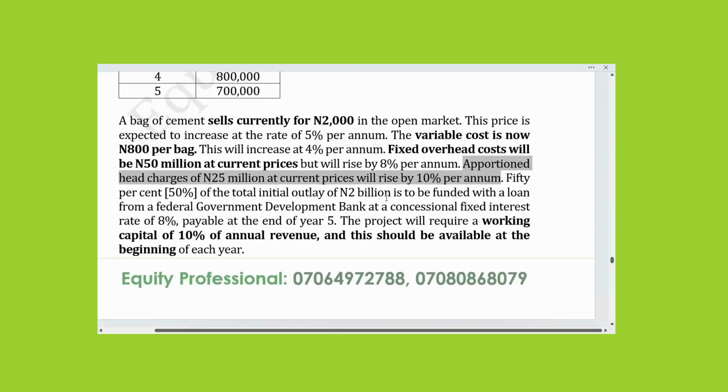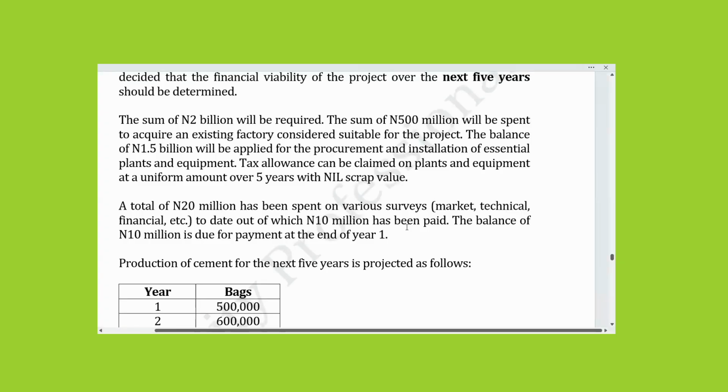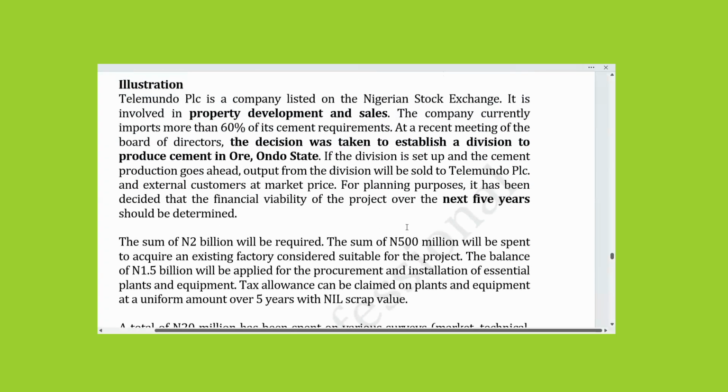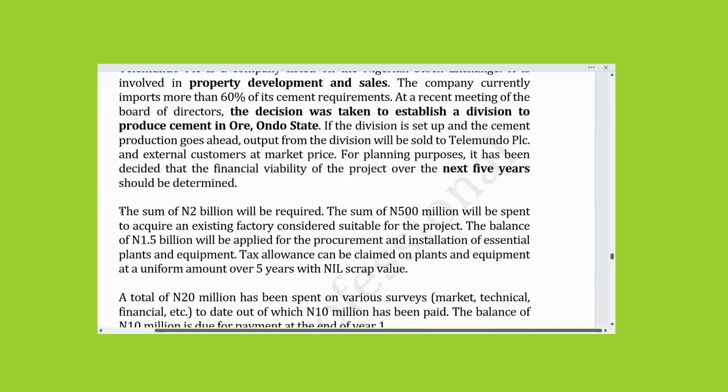All right. You're also told that, what other information do I have here? We are given working capital. We are coming to that. We also have other cash flows in the second paragraph of the question. Okay. We are told that the sum of 2 billion naira will be required. The sum of 500 million will be spent to acquire an existing factory considered suitable for the project.